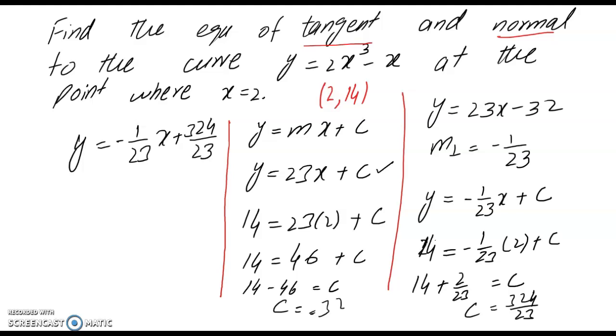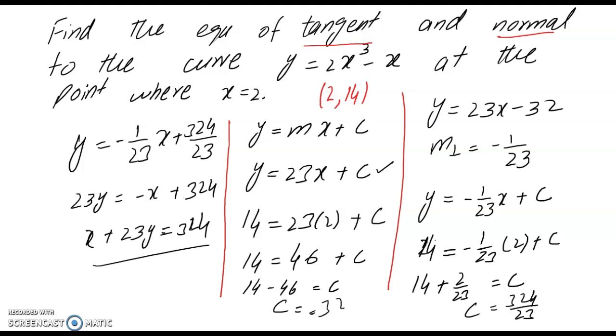This can be our answer, or we can simplify: 23y is equal to minus x plus 324. If we move x to this side, this becomes x plus 23y is equal to 324. So here the equation of the normal is it.